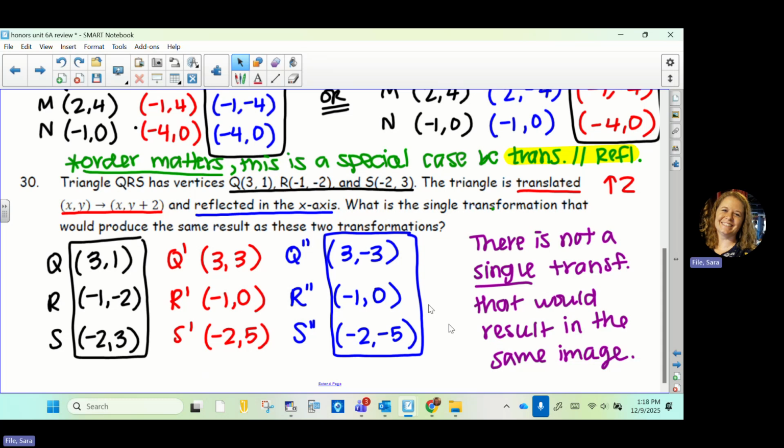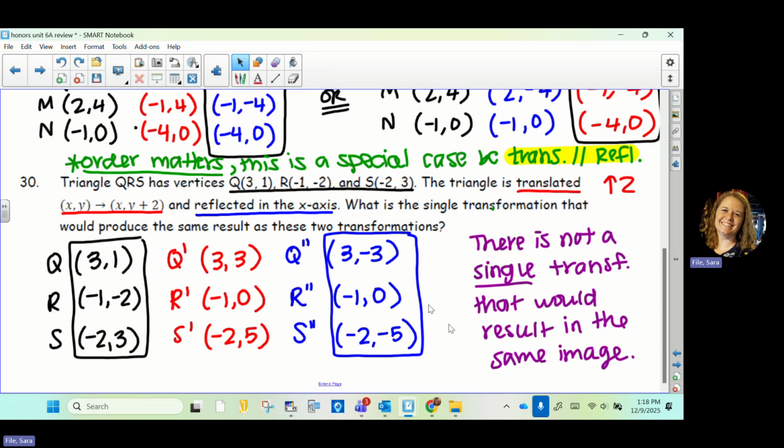Can y'all think of one composite that would have a single transformation that could get you the same thing? Does that exist? Let's think about reflect. What if I had a point and I reflected it over the X and then reflected it over the Y?